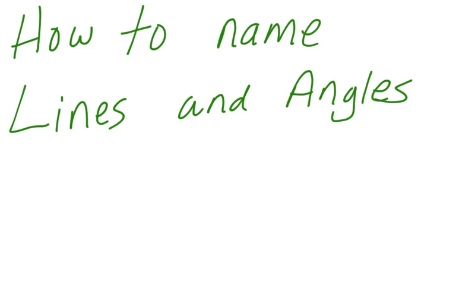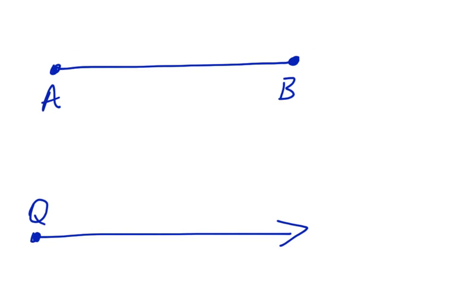Now, how to name lines and angles? Let's say that we have this line segment, where it starts at A and ends at B. We say that this is line AB.